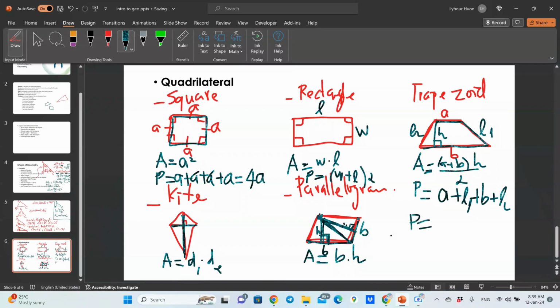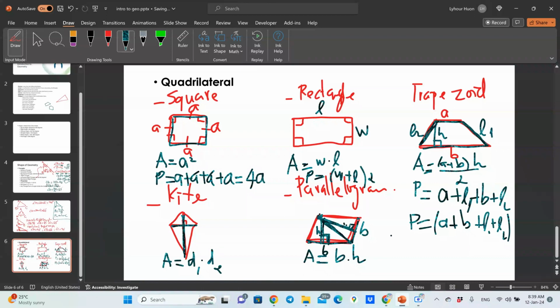So P is the small base plus the large base, plus L1 plus L2. L1 is this length and L2 is this length.